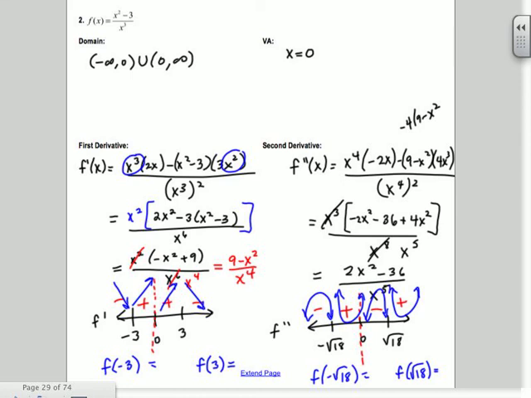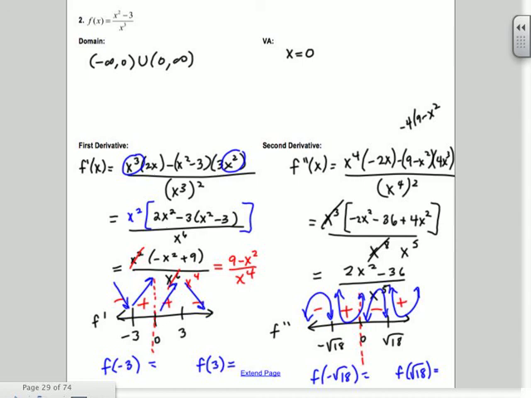I mean, obviously on your non-calculator portion you would not be able to do those. These are going to be points like maxes and mins or points of inflection. So for the first derivative, you're going to have maxes and mins or saddle points, like I called it.